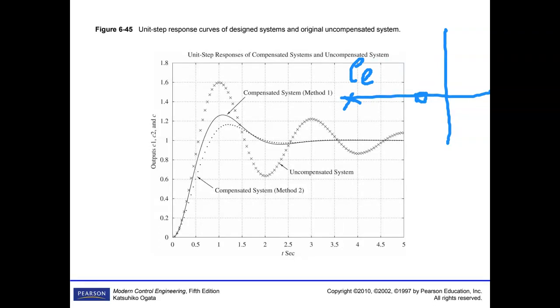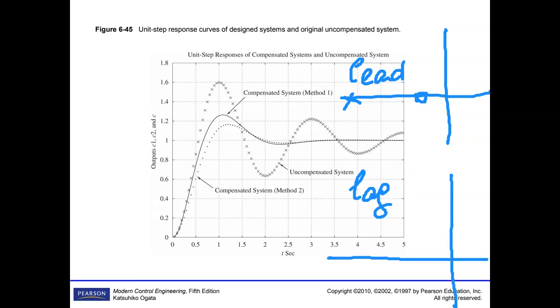However, for lag, you are happy about the transient, but you are not happy about the steady state. Then you add a pole here, and very near to this, a 0 here. Since these two are very near to each other, that reflects that it doesn't change the original location of the poles.